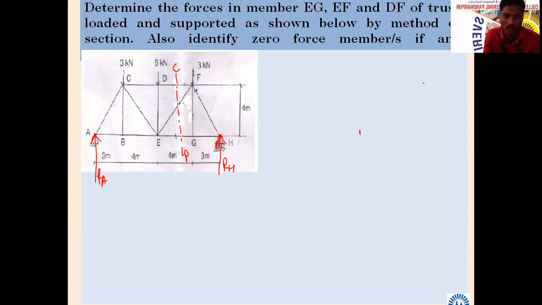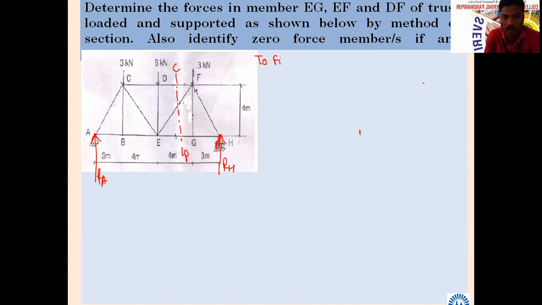So that's why I have directly given the vertical component. Overall there could be a horizontal and a vertical component, but the resultant will be vertical only because there is no horizontal force and no inclined force. All the forces are only vertical.